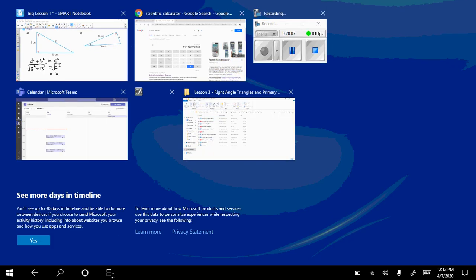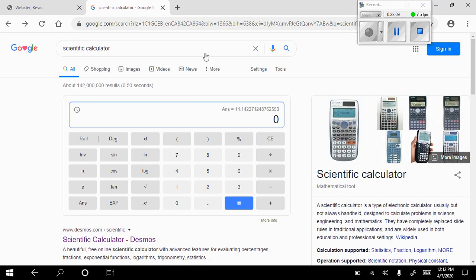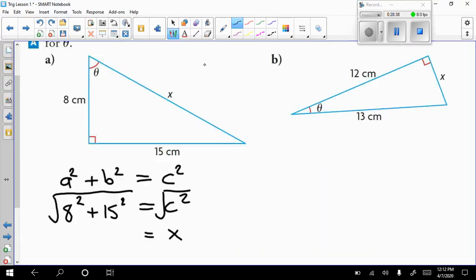Let's go to our calculator. 8 squared plus 15 squared equals 289, and then square root the answer, and I get 17. Okay, so I got an answer of 17.